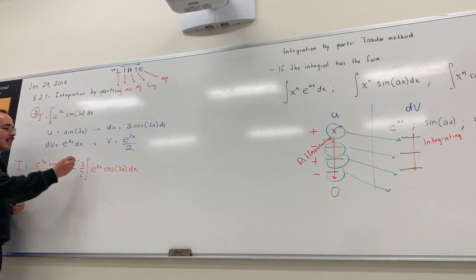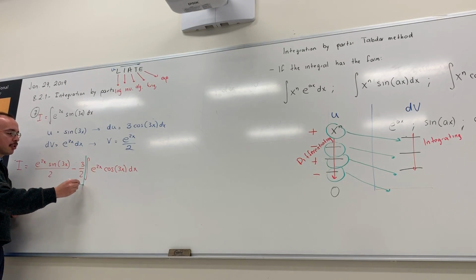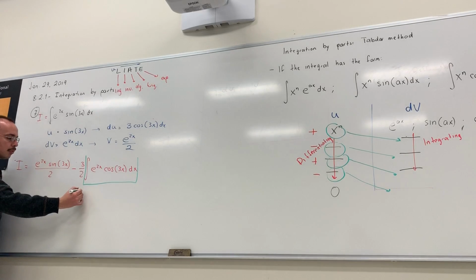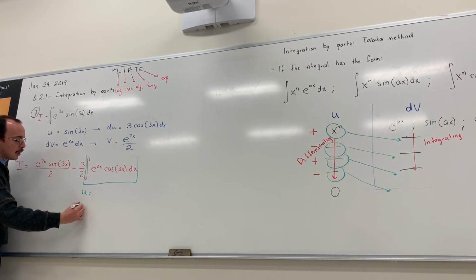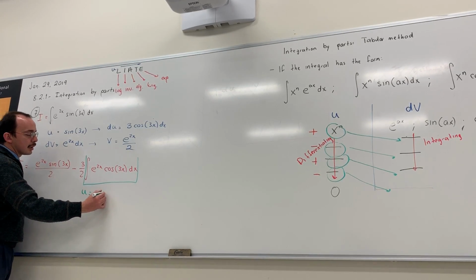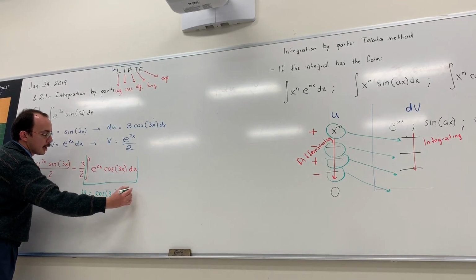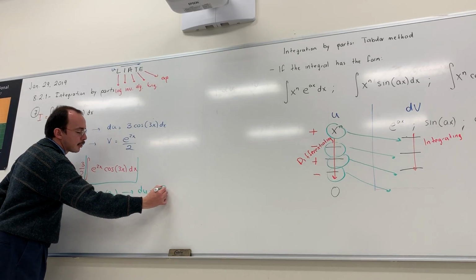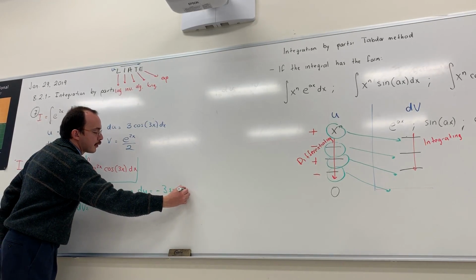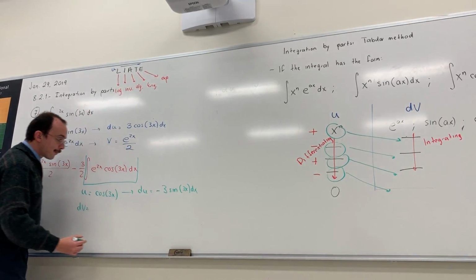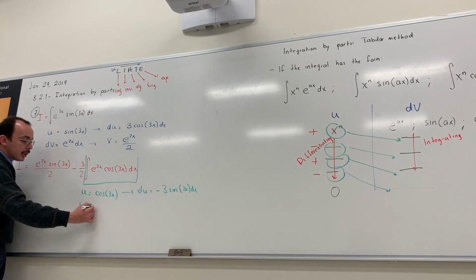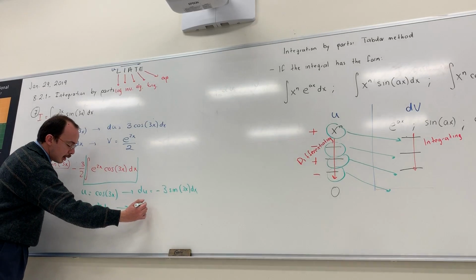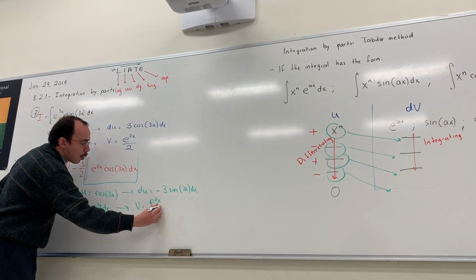I'm going to choose this integral and do it again. u is going to be cosine of 3x, so du, the differential, is going to be minus 3 sine of 3x dx. And the integral of e to the 2x dx is e to the 2x over 2.